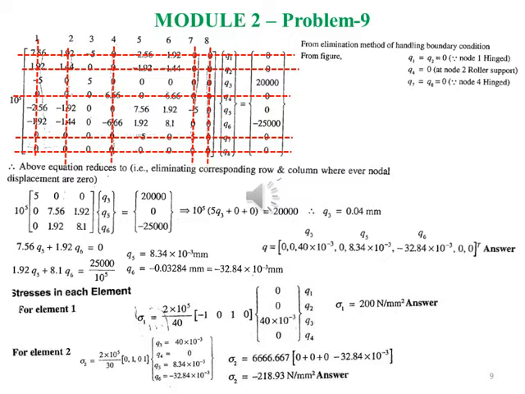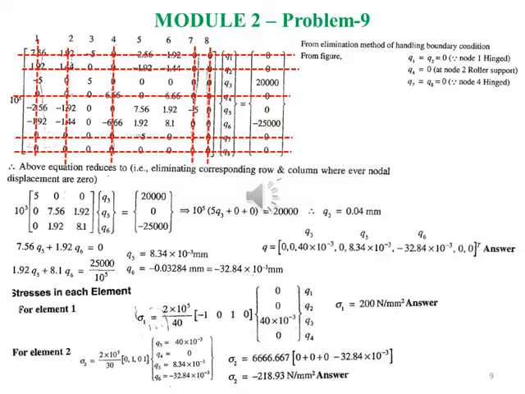Substituting in the displacement matrix, we get 0, 0, 40 into 10 power minus 3, 0, 8.34 into 10 power minus 3, minus 32.84 into 10 power minus 3, 0 and 0.